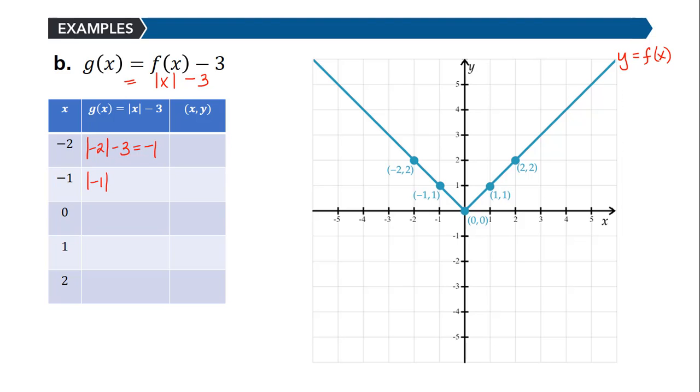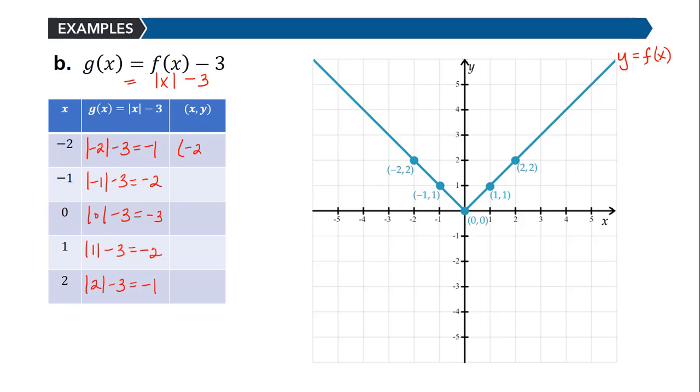The absolute value of negative 1 minus 3 is 1 minus 3, or negative 2. The absolute value of 0 minus 3 is just negative 3. The absolute value of 1 minus 3 is 1 minus 3, or negative 2. And then the absolute value of 2 minus 3 is 2 minus 3, or negative 1.